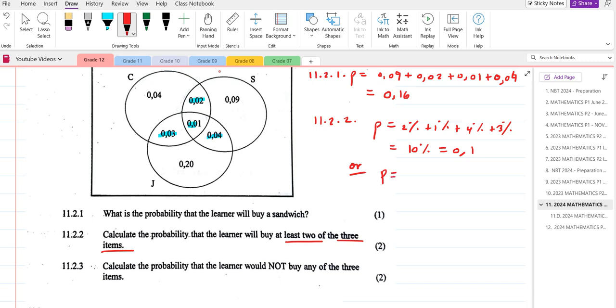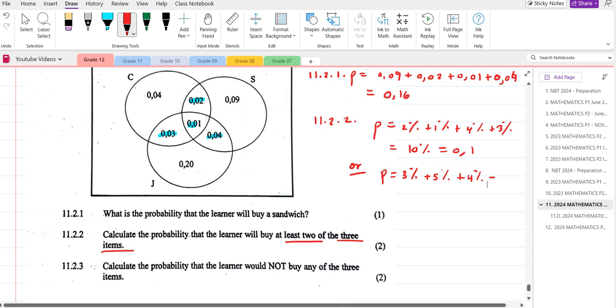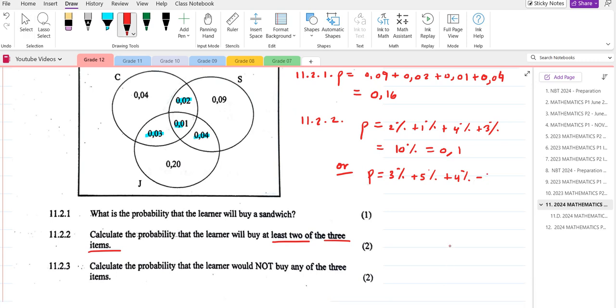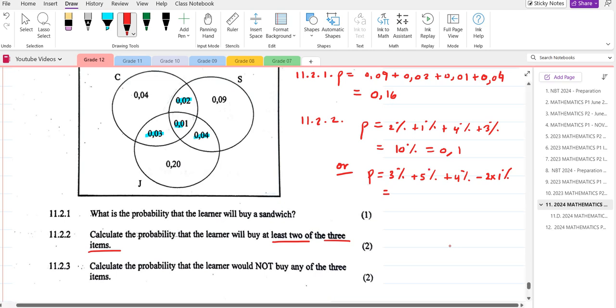If you combine these two, you're going to say 3% plus, combine these two, 5%, and then combine these two plus 4%, then minus, because you counted this one 3 times already, so you need to subtract it twice, minus 2 times 1%. Do we get the same answer? 3 and 5 is 8, 12, 12 minus 2 is 10%, yes.